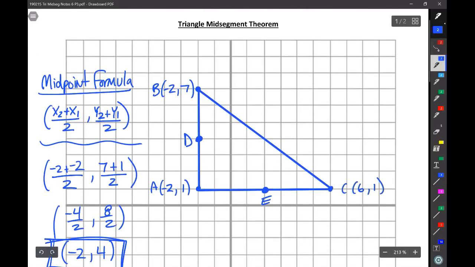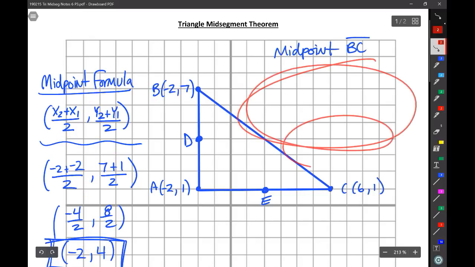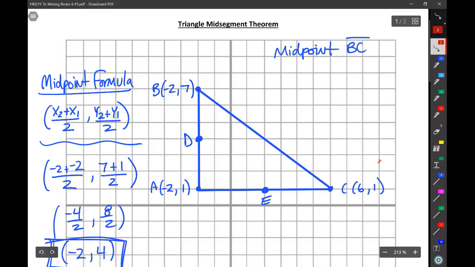Up here in the top part of your notes, I want you to write midpoint BC, and then I want you to use the midpoint formula just like I did over here to see if you can find the ordered pair for the midpoint of BC. You go ahead and do that now. Okay, you find the midpoint using this formula. See if you can do it.